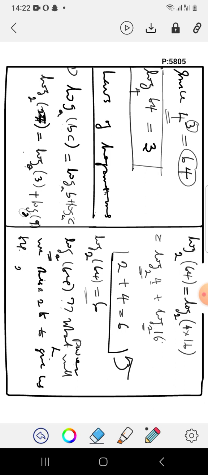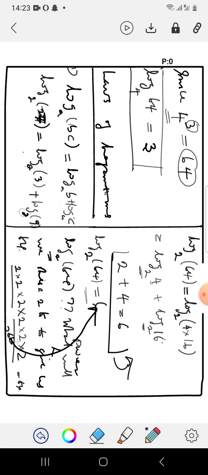So let's look at 2 times 2 times 2 times 2 times 2 times 2. Of course, this is 8, 8. This is actually 64, which is 2 raised to the power 6, which is exactly what we have there. I hope you understand that.